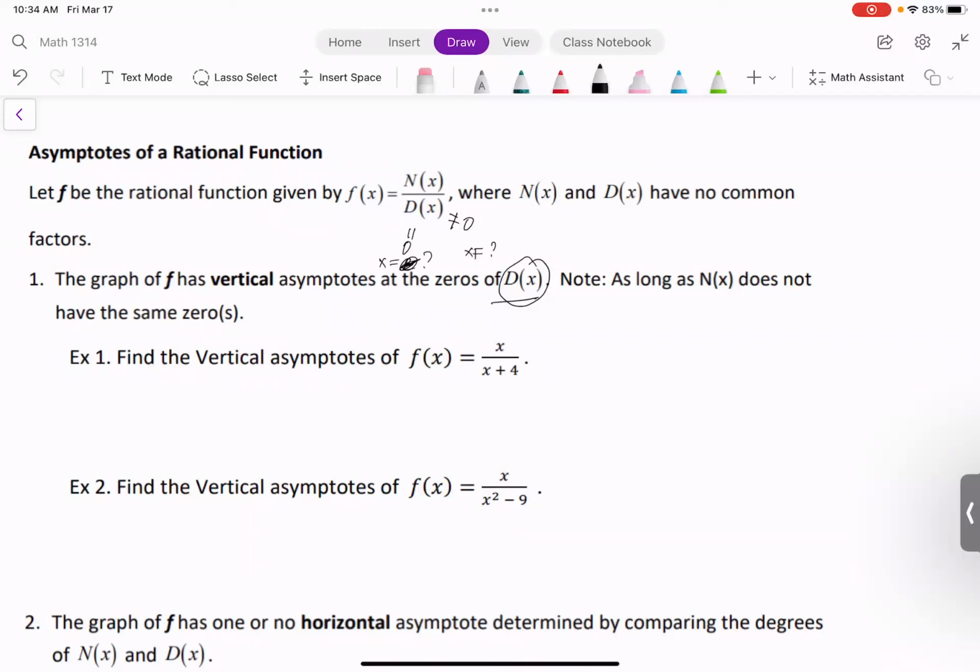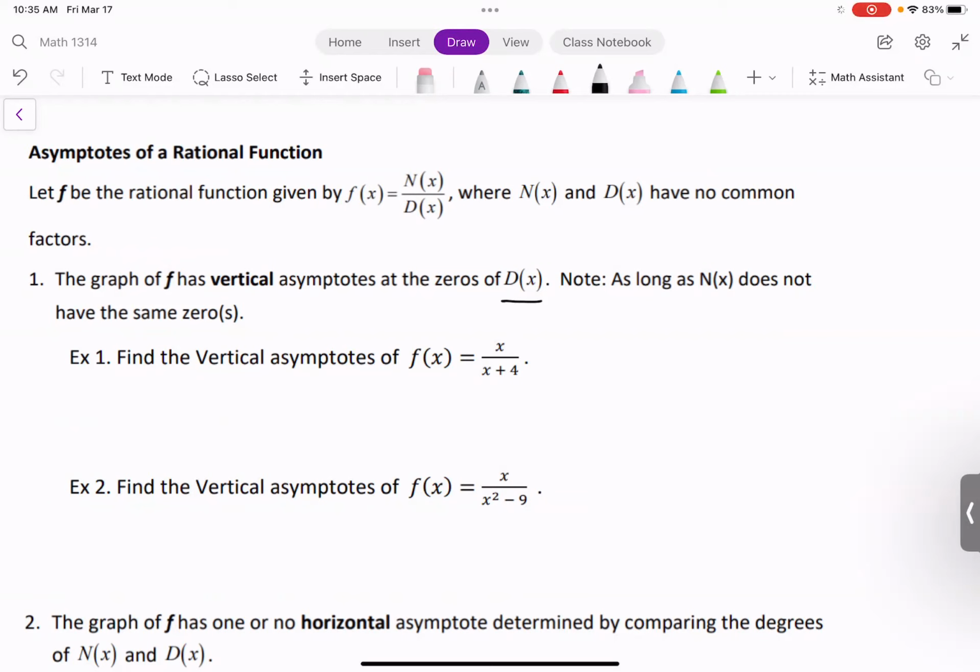The function's x will never touch this value, it will not equal that x, but it's approaching it. Is that confusing? It is not. All right, let's make the bottom polynomial equal to 0. Solve for x. That x is the vertical asymptote.